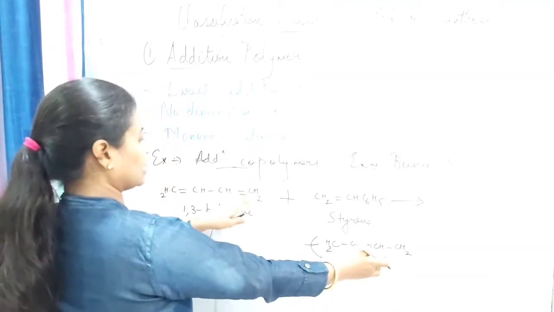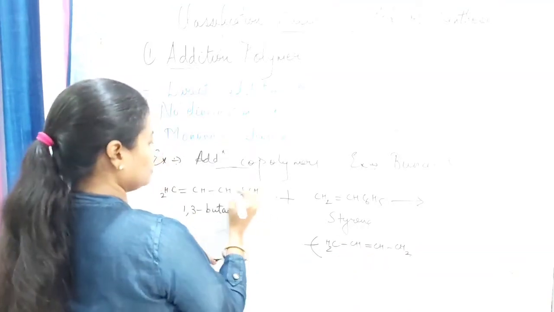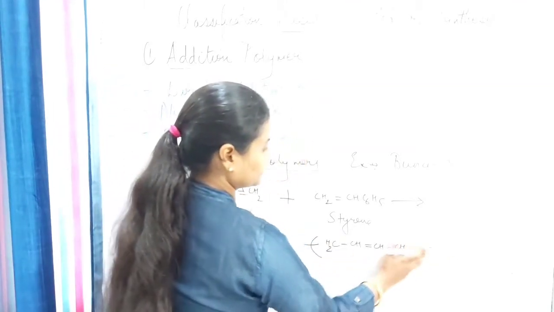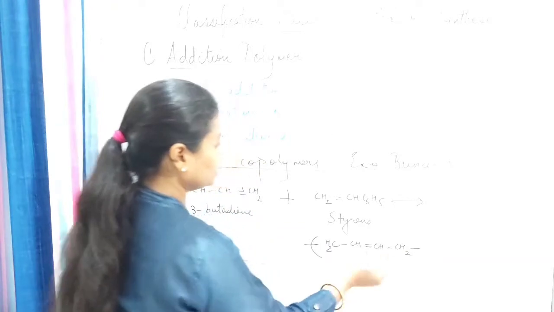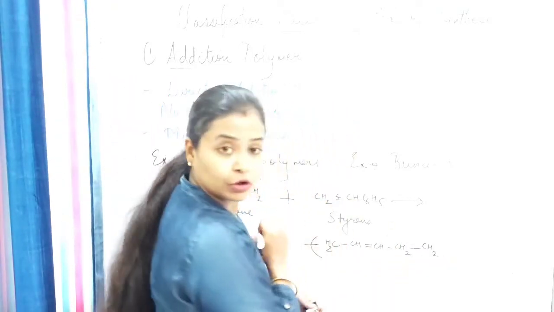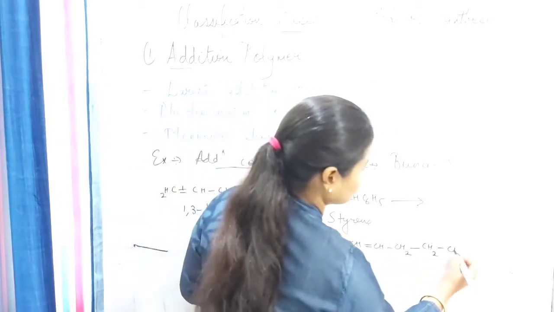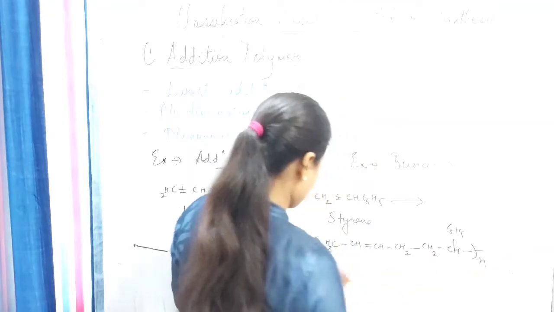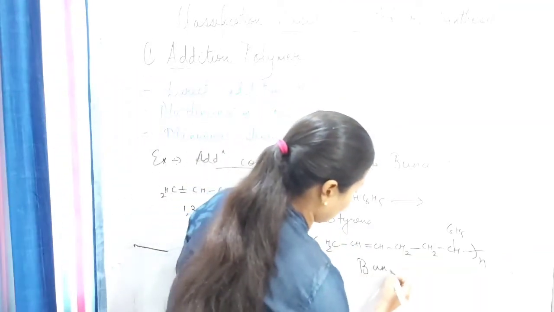Here also this fourth carbon's pi bond is cleaved off, so it is bonding over here. Now it will bond with this CH2. This pi bond will also get cleaved off. CH, C6H5 will come as a branch. And such a structure will be obtained for Buna S.